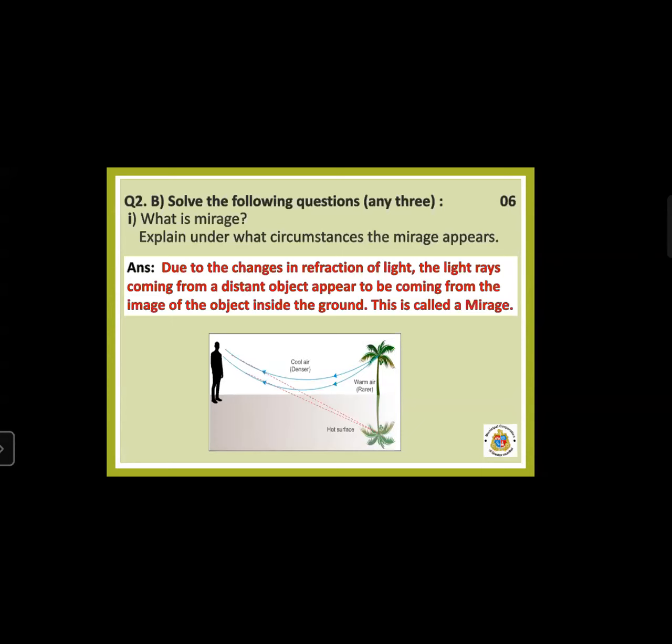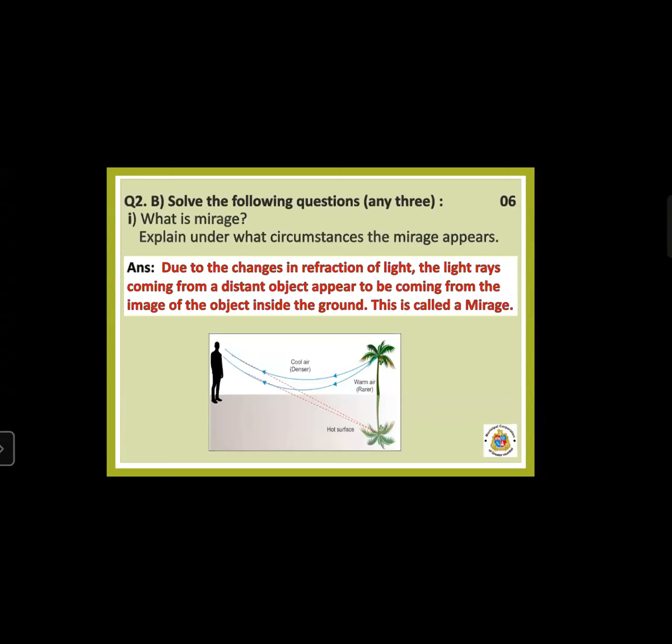There is refraction and internal reflection, and because of the refraction, the image formed of that object looks as if it is created from inside the ground. So due to the changes in refraction of light, the light rays coming from the distant object appear to be coming from the image of the object inside the ground. This is called a mirage.